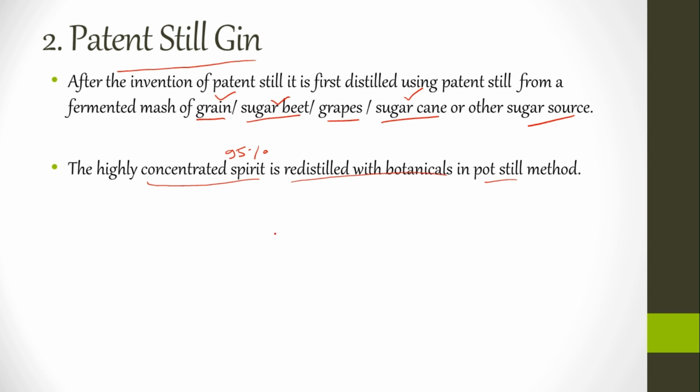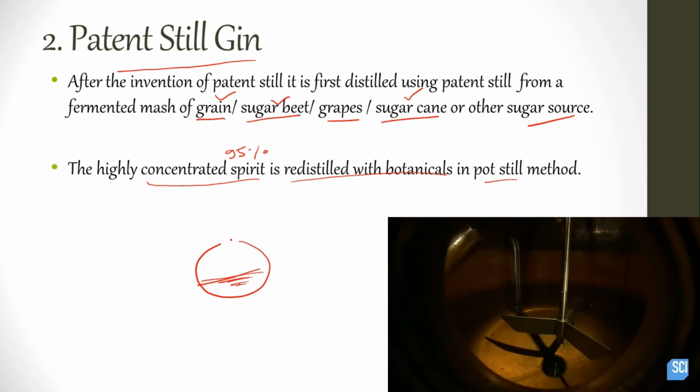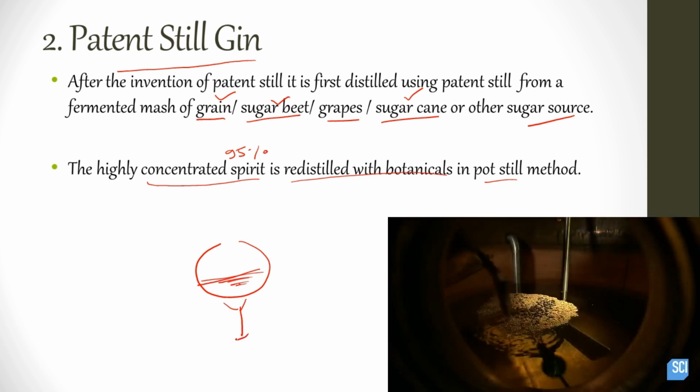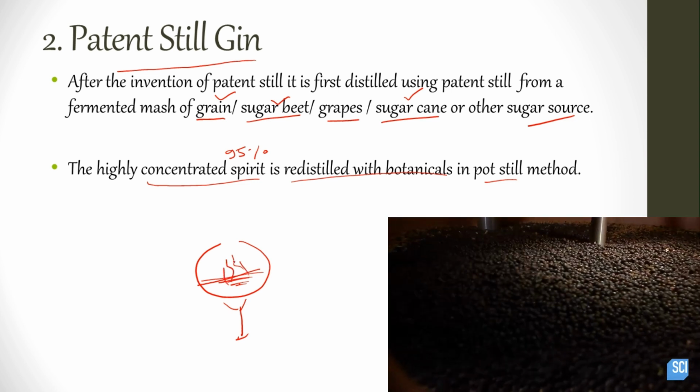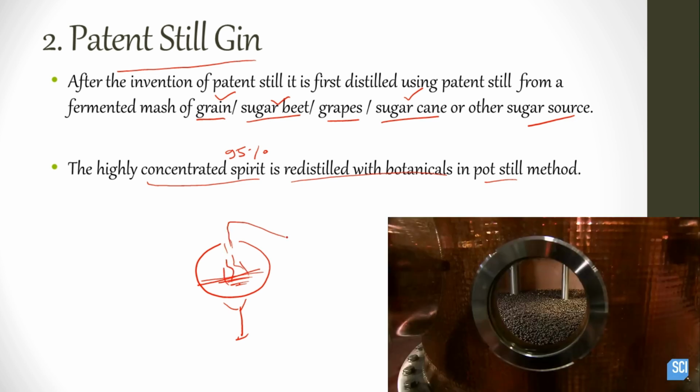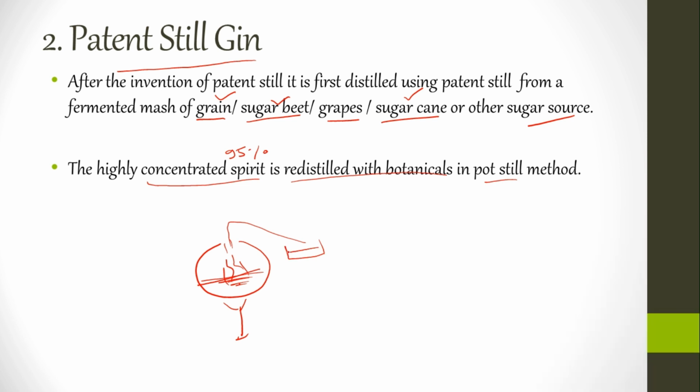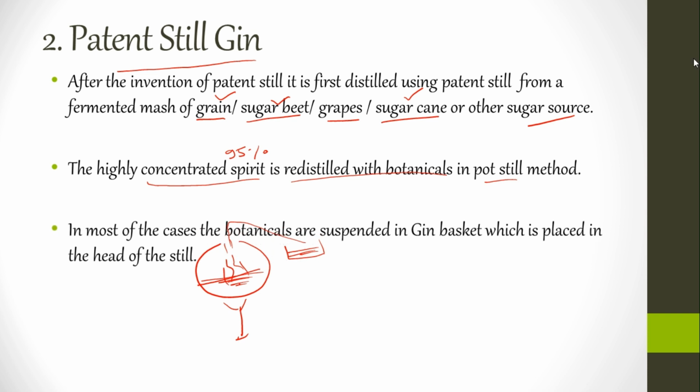First they do distillation by patent still, then they put these botanicals in the pot and start boiling, and with the alcohol, the aroma of the botanicals will also be collected in the final product. So this kind of gin will be called patent distilled method, and botanicals are used later by adding them into the spirit in the pot.